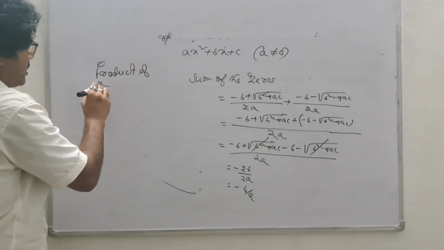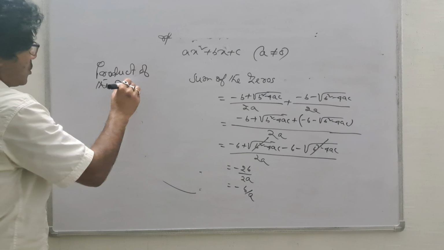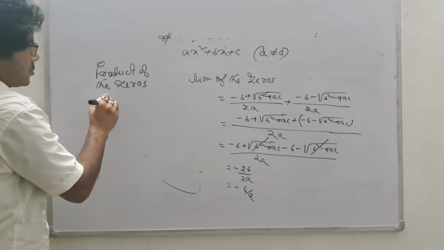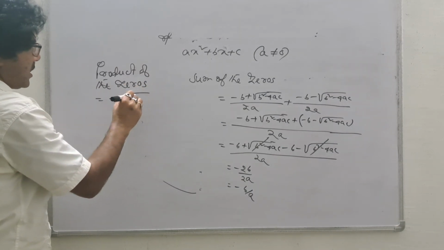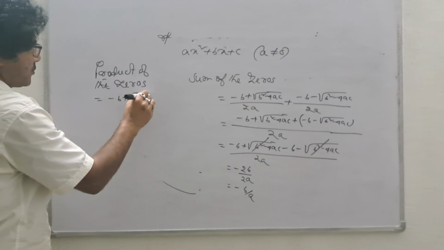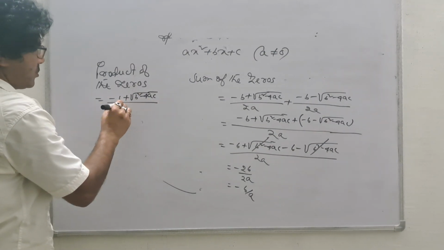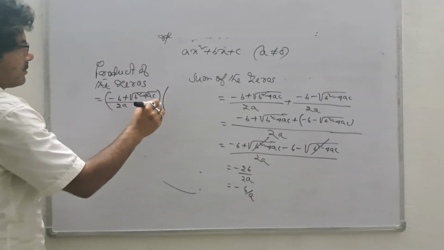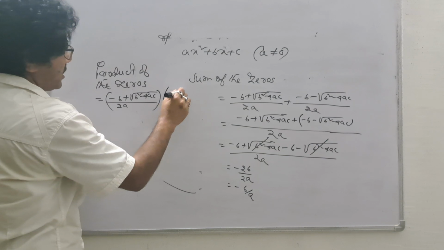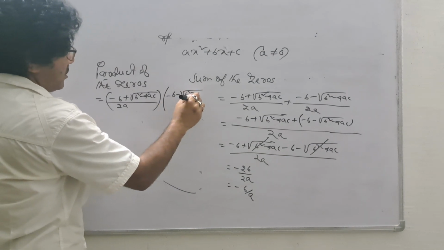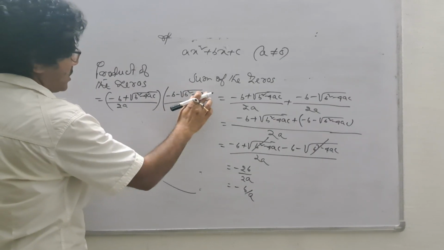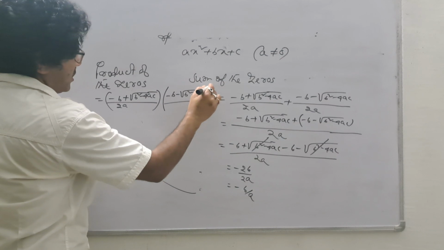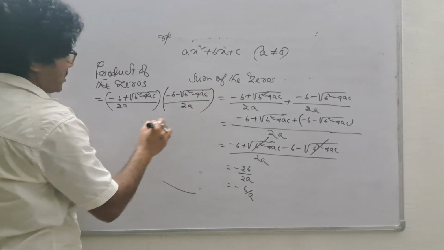Product of the zeros or roots is equal to minus b plus square root of b squared minus 4ac divided by twice a, multiplied by minus b minus square root of b squared minus 4ac, divided by twice a.